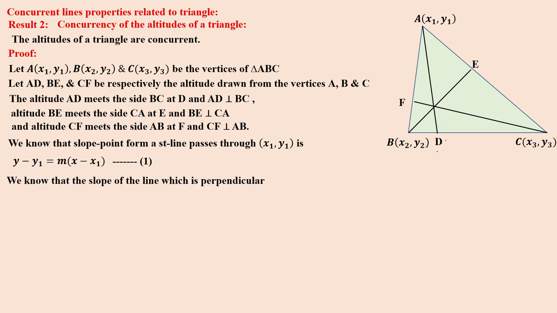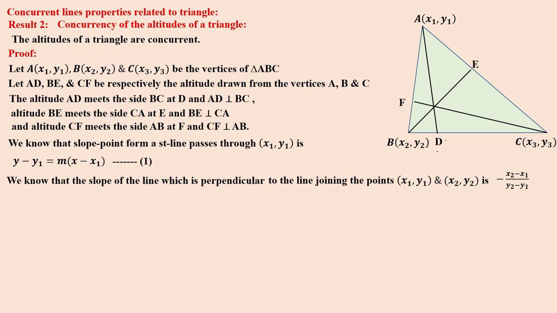Also we know the slope of a perpendicular line. Suppose you draw a line joining the points (x1, y1) and (x2, y2). The slope of the line perpendicular to it is given by the negative reciprocal, minus (x2 minus x1) by (y2 minus y1).